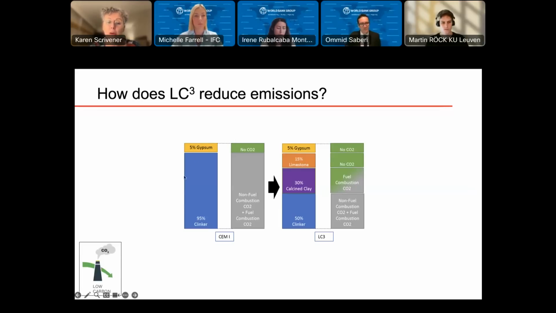Well, we replace the clinker, and we saw early on that most of the CO2 emissions are coming from the clinker. We replace this by a combination of calcined clay and limestone. There are some emissions from calcining the clay, but much, much less than from clinker, generally less than 1/4. And limestone has virtually no emissions at all when it's not heated up.